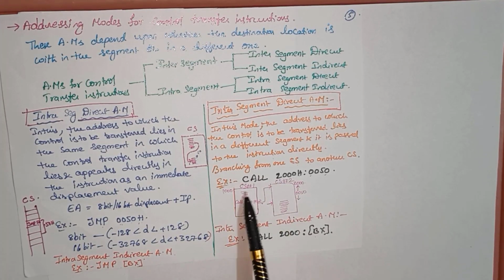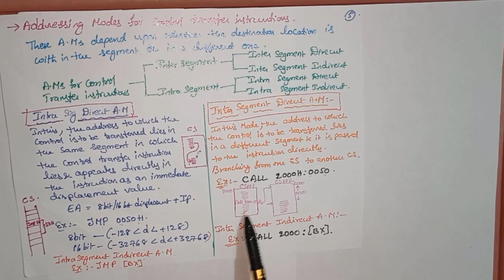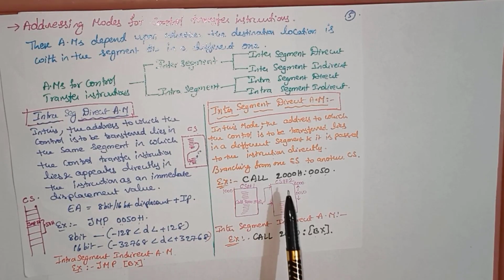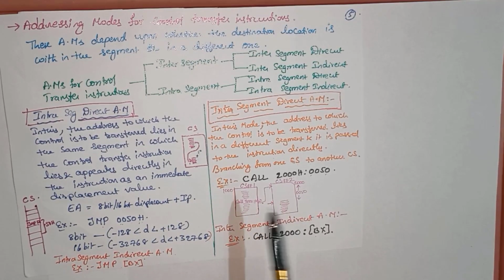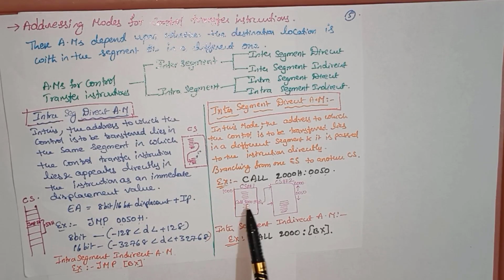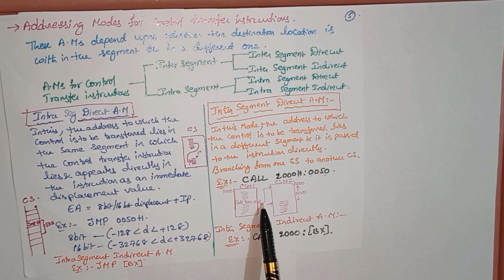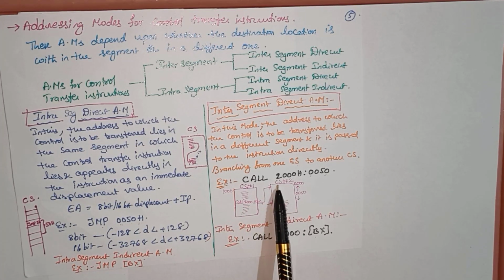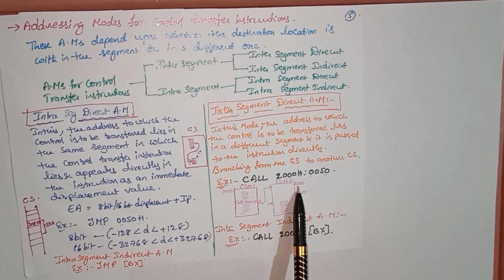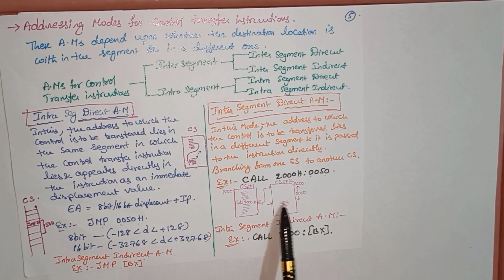The main program resides in code segment 1. Suppose the subprogram resides in code segment 2. Whenever a call instruction occurs in the main program, that is 2000, this 2000 is the starting address of code segment 2 and 0050 is the offset address of that instruction.